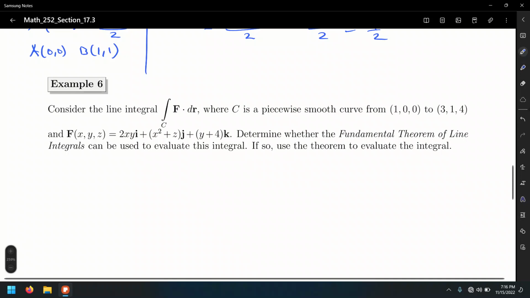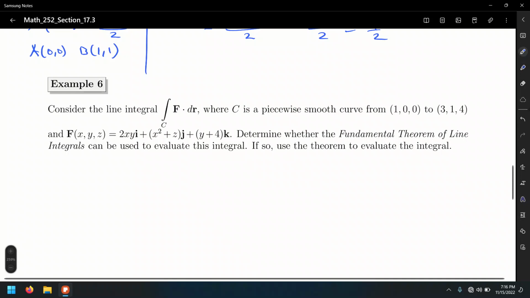Even parameterizing this line segment, we know how to do that, and it shouldn't be a big deal. But in this case, number one, let's determine whether the fundamental theorem of line integrals applies to this situation, so we can evaluate that integral using deduction.